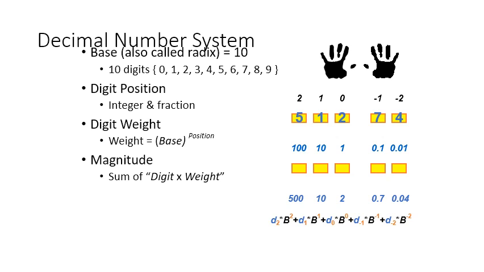You multiply each coefficient with powers of 10: 2 multiplied by 10 raised to power 0, plus 1 multiplied by 10 raised to power 1, plus 5 multiplied by 10 raised to power 2, and on the fractional side, 7 multiplied by 10 raised to power minus 1, plus 4 into 10 raised to power minus 2. When you add up all these values, this will be equal to 512.74 in base 10.